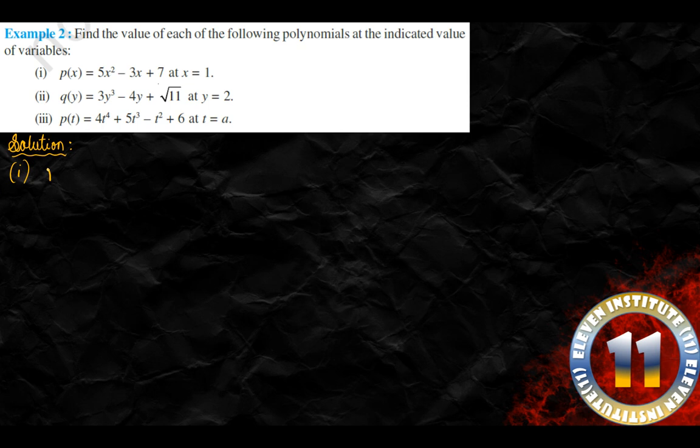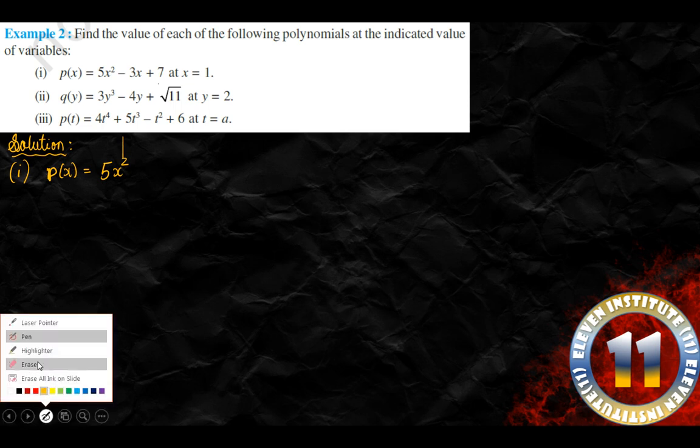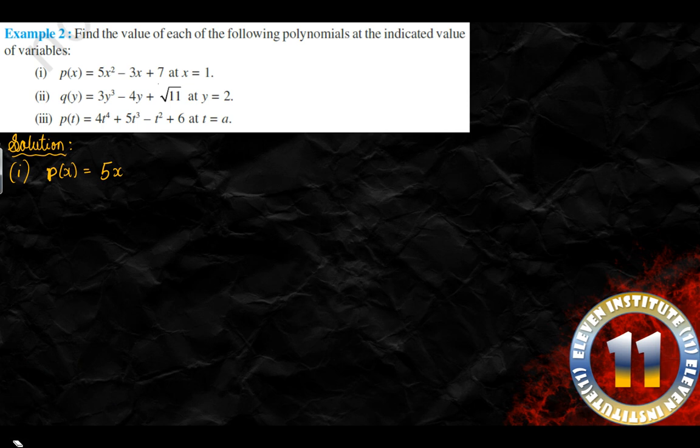What is given to us? P of x is equal to 5x square minus 3x plus 7 at x is equal to 1.